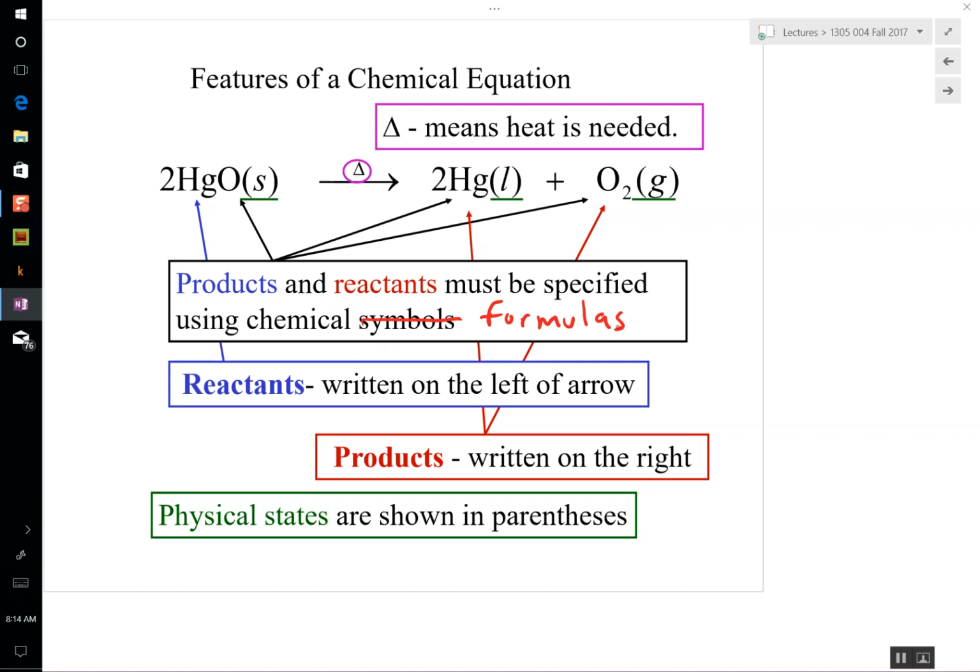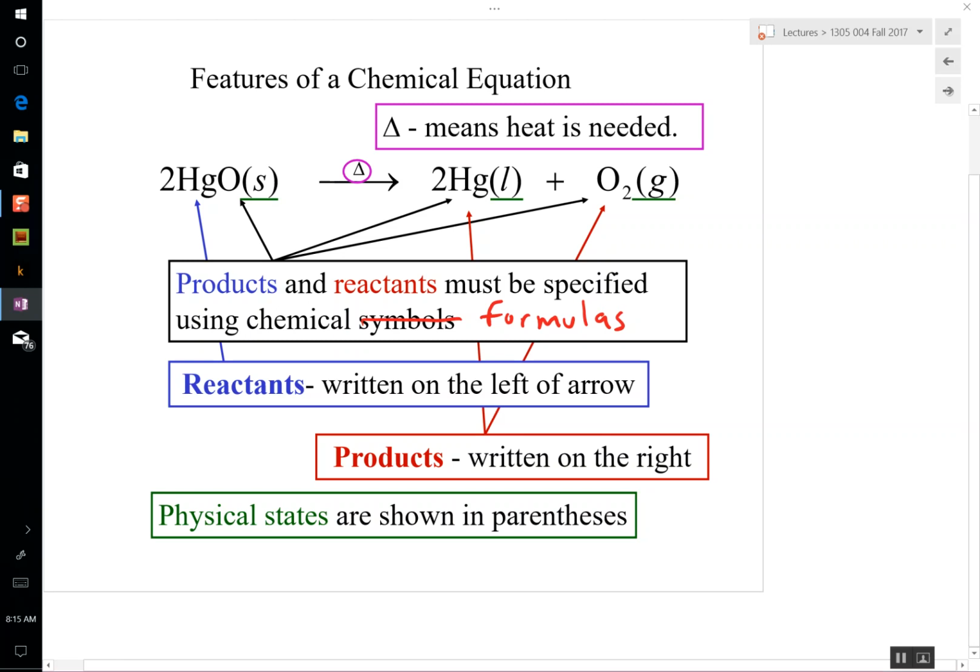The reactants are written on the left side, the products are written on the right, and physical states are shown with these little subscript parentheses at the end. And a little triangle like that usually means a source of energy, usually heat, could be electricity, but some major source of energy is needed to drive this reaction.